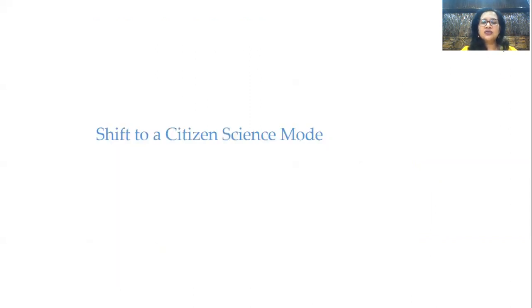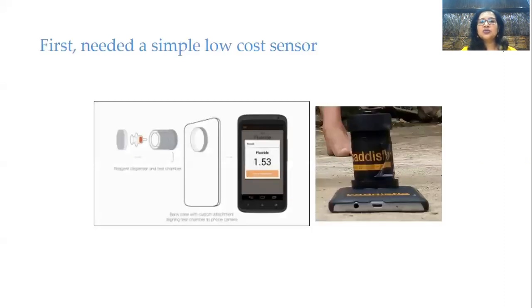So then we shifted to citizen science mode, where we trained volunteers who were interested in environmental issues to monitor water quality. The first thing was to get low-cost sensors which are reasonably accurate. So we collaborated with startups who were developing these sensors, and we helped them calibrate their sensors in the water quality lab at H3.